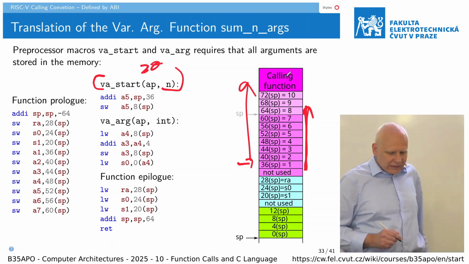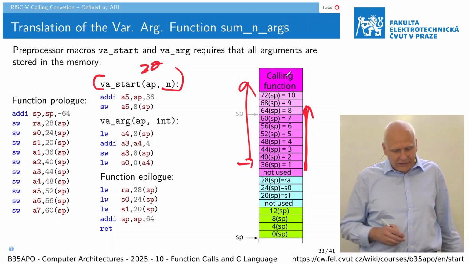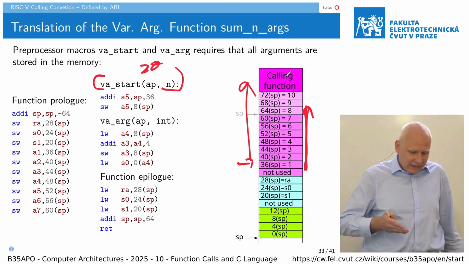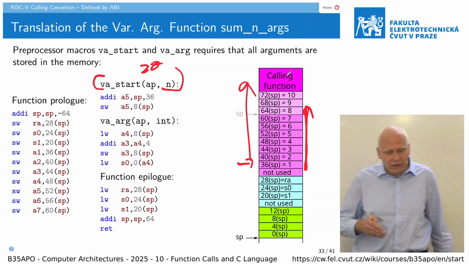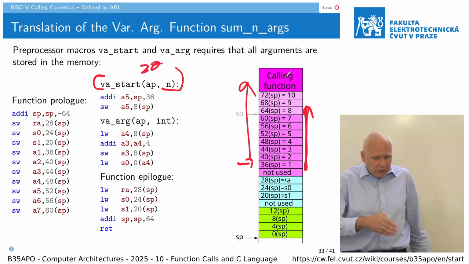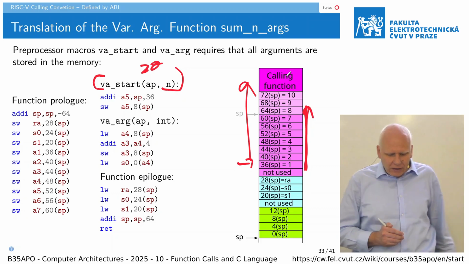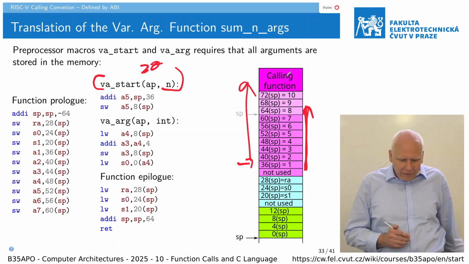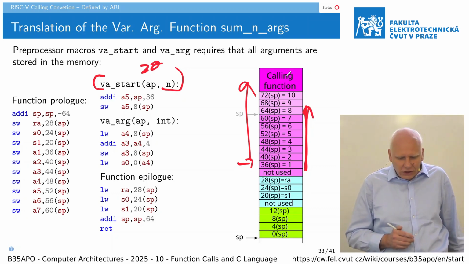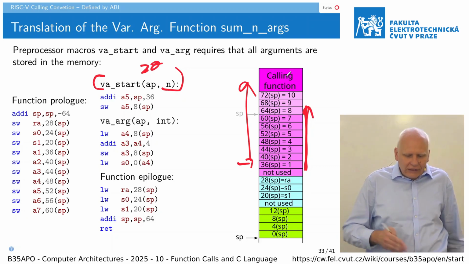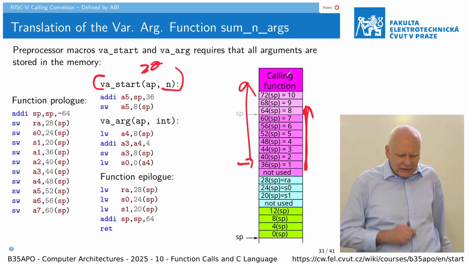So you see that the calling convention is the same, and in fact the caller doesn't need to know that it is a variable argument function and stores the data the correct way so that they can be accessed.